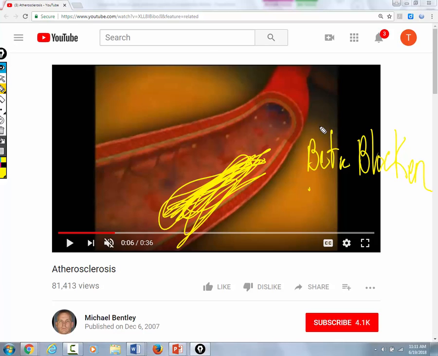Beta blockers prevent epi from binding to beta receptors. And that causes a decrease in heart rate and a decrease in systolic blood pressure. So anyone with known coronary artery disease is given beta blockers to reduce the demand, to reduce the workload on the heart. Say yeah.